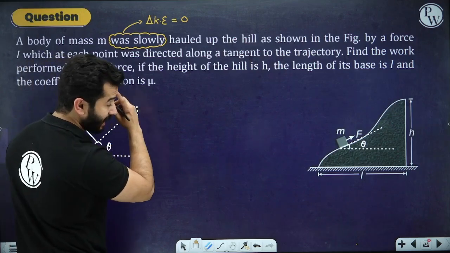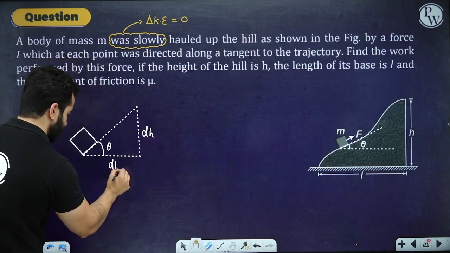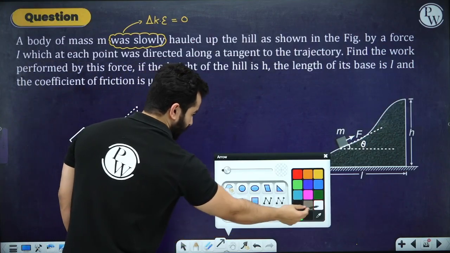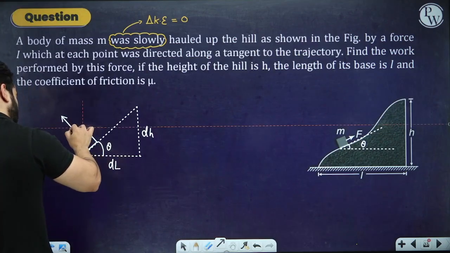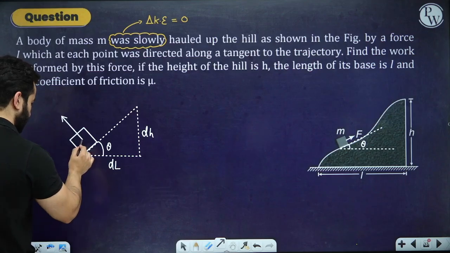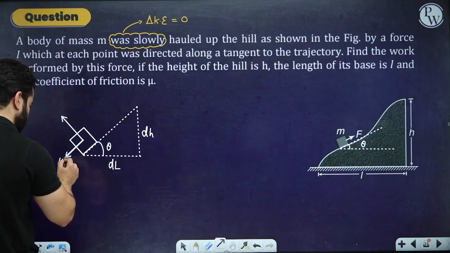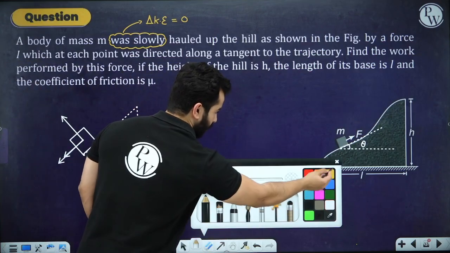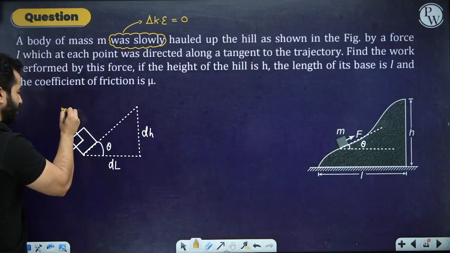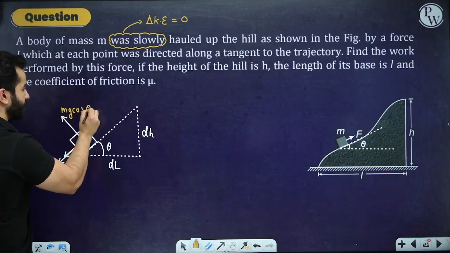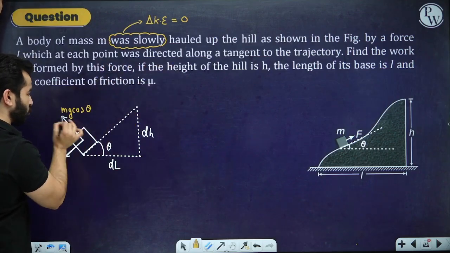Let me write this as dh, this as dl, and the forces that I'll draw over here: obviously I've got an mg. I'll write this as normal reaction, mg cos theta. Over here I've got mg sin theta, and also one more force, that is friction force. When they said that it is always directed along the tangent, it means that this does no work, right?